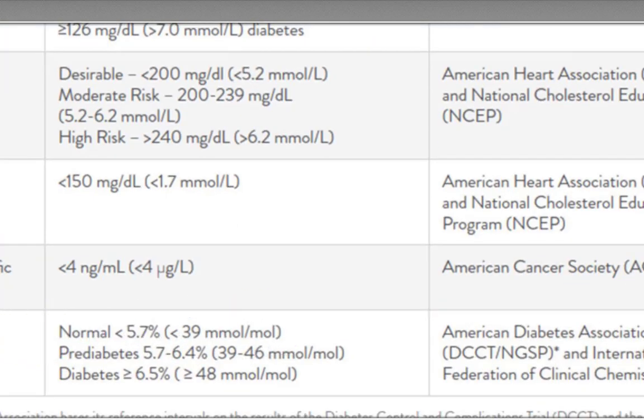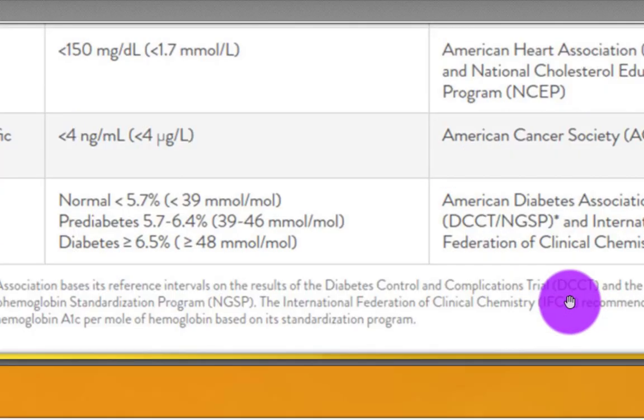Prostate specific antigen, PSA, 4 nanogram per mL, 4 microgram per liter, American Cancer Society. Hemoglobin A1C, normal less than 5.5%, less than 39 millimole per mole, American Diabetes Association and the International Federation of Clinical Chemistry.